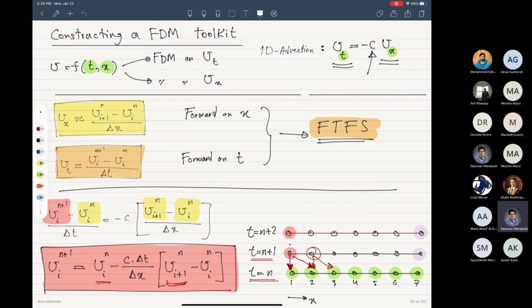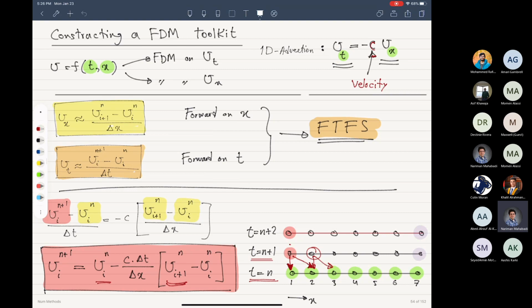And then what we did was just substituting these two terms into the 1D advection equation, right? In the 1D advection equation, we have this negative c, and as I mentioned here, the c really stands for the velocity of your field. And let's say you have a constant velocity, which makes your system simpler, then this is just the negative of the velocity field times the change in x, and you have here the change in t, right?